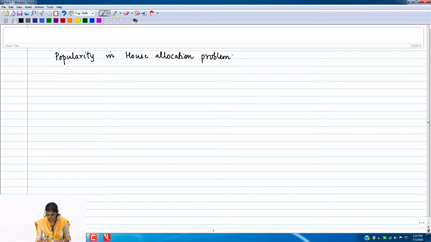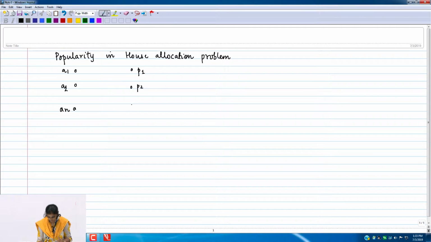So, the house allocation problem can be defined in a similar manner. We have A1, A2, up to AN agents or applicants or people. There are also some houses, or we can also call them posts. So, that we distinguish these two models, we will call them A's and P's.